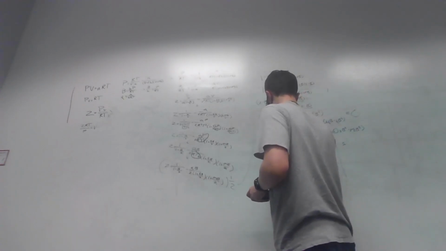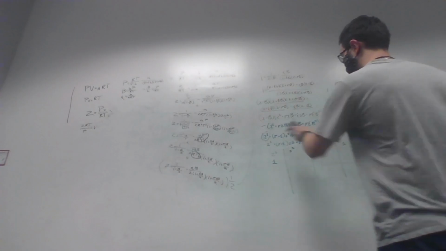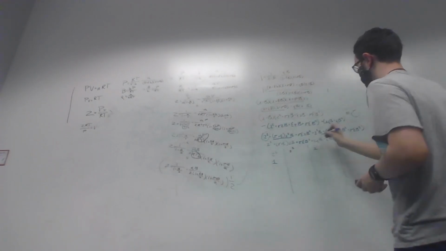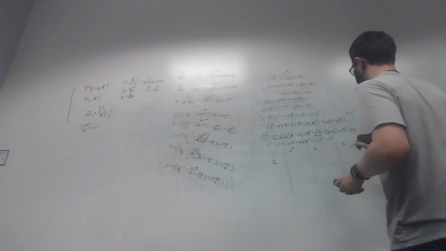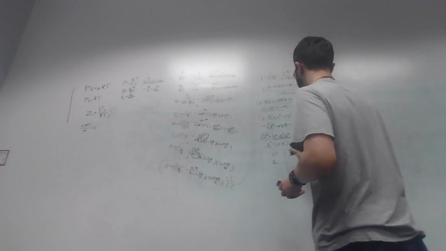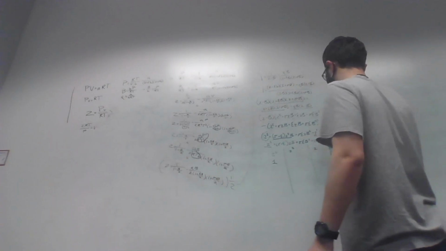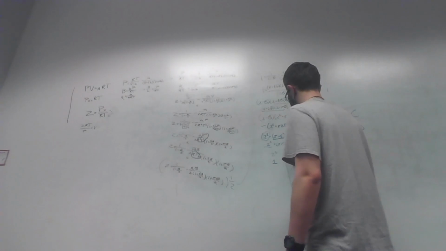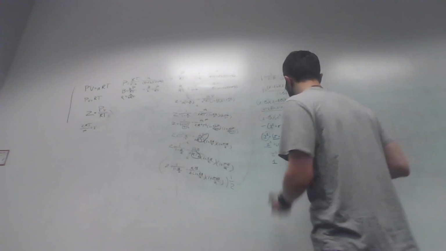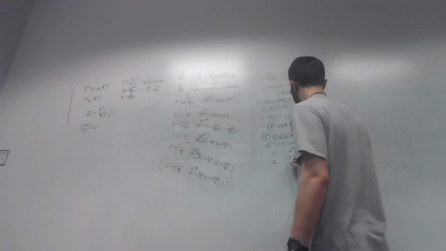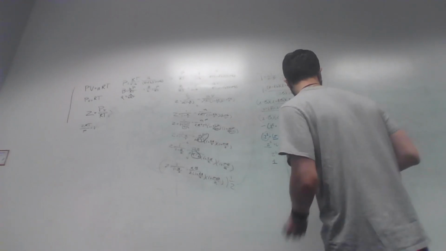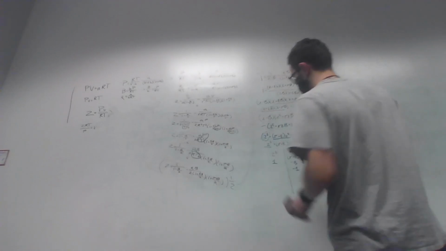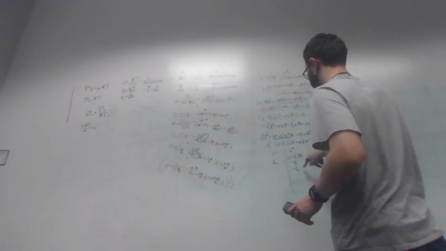Then we have z squared, we have this, we have this, we have this, and that's it. So omega plus epsilon b minus b minus 1. And remember, this is going to be multiplied out.